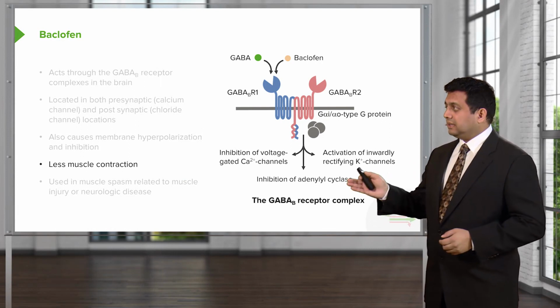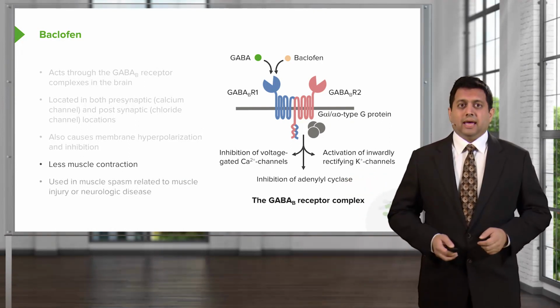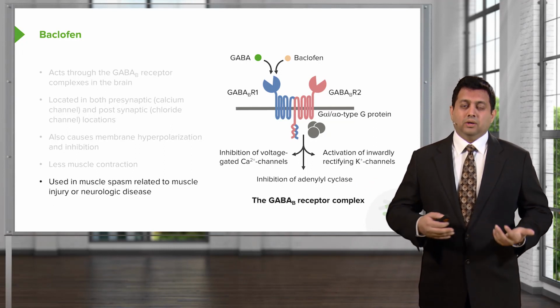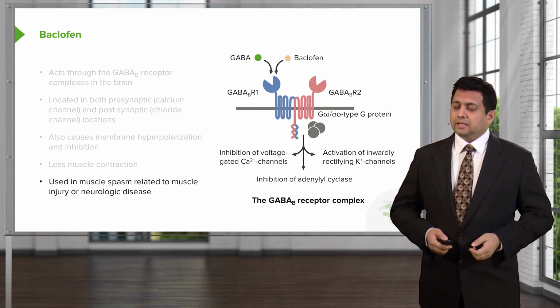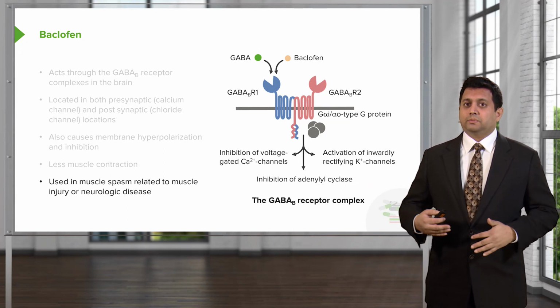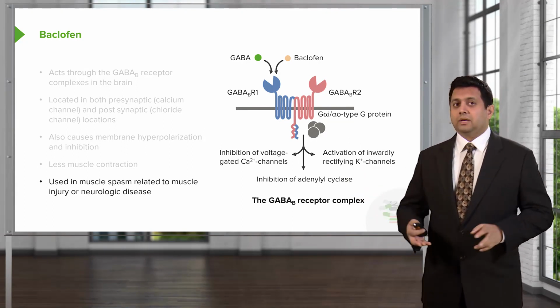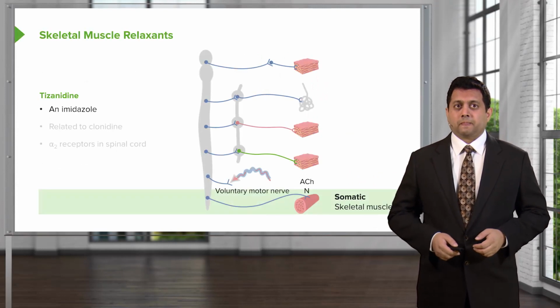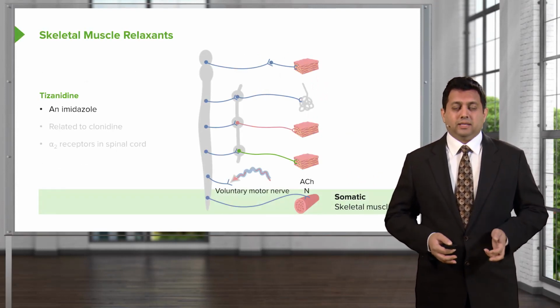It does result in less muscle contraction, and it is quite useful in muscle spasm related to muscle injury or to neurological disease. So many of our patients who have severe spasticity from previous insult are very responsive to baclofen. Tizanidine is an imidazole.